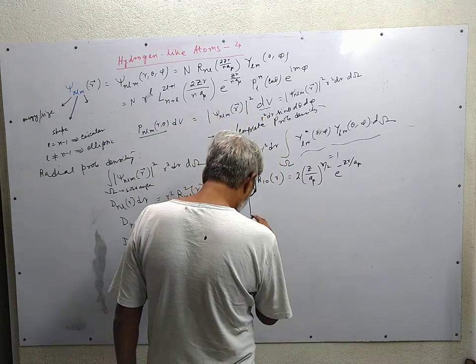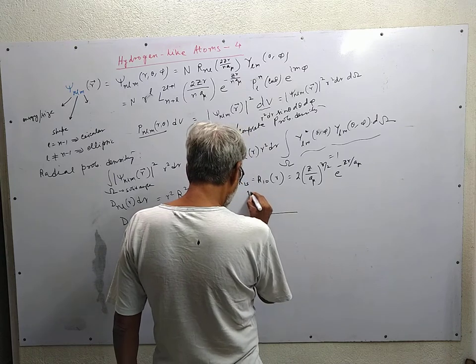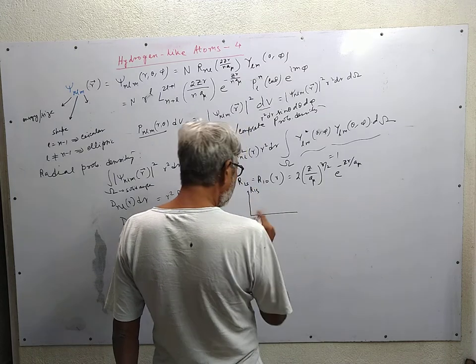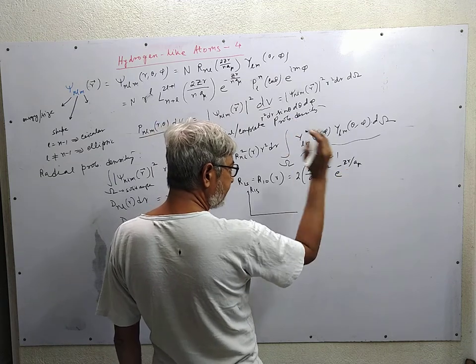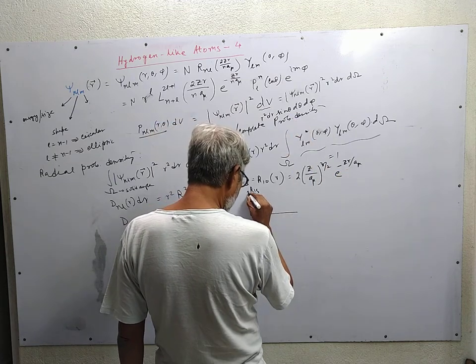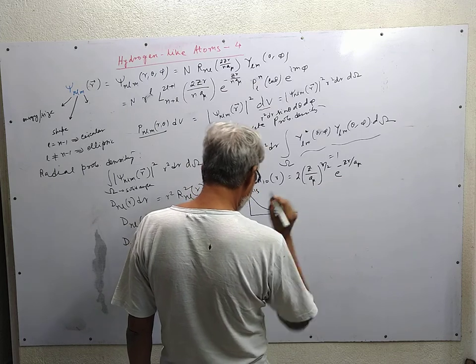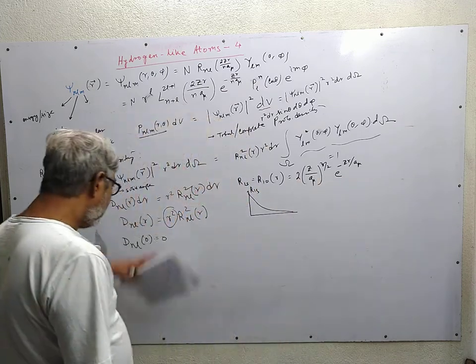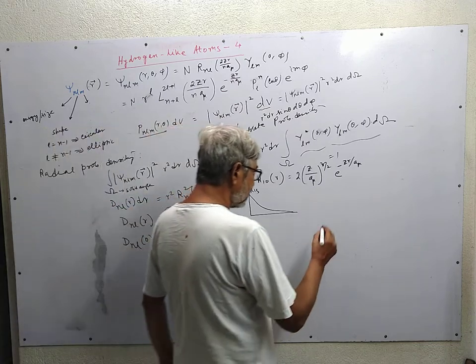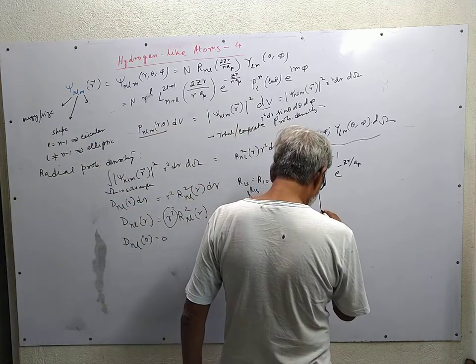If we plot this R1s, it has a maximum at r equal to 0 and then dies down exponentially. So that is its behavior. But if we go to the corresponding DNL function, it is something different.